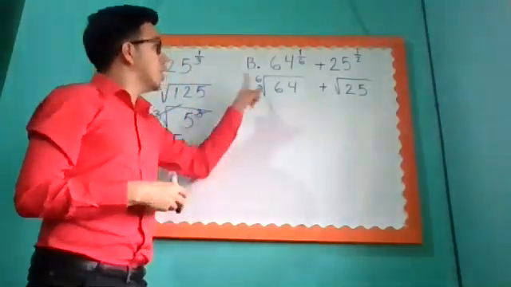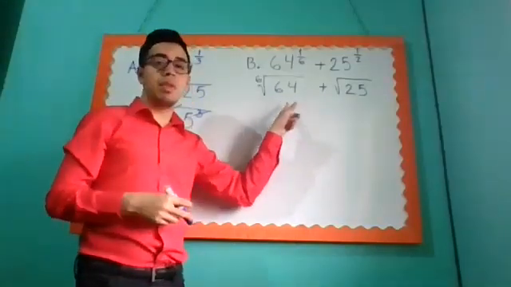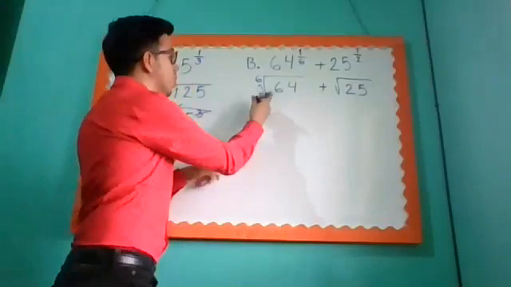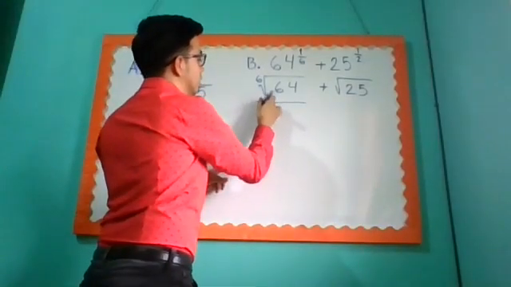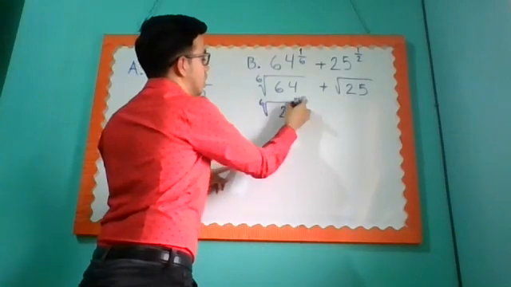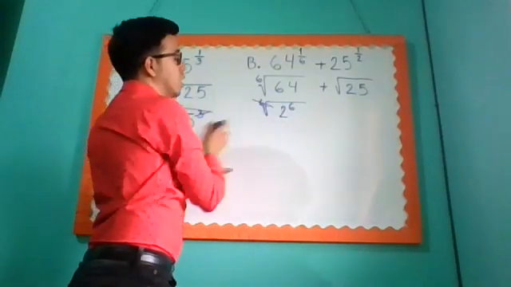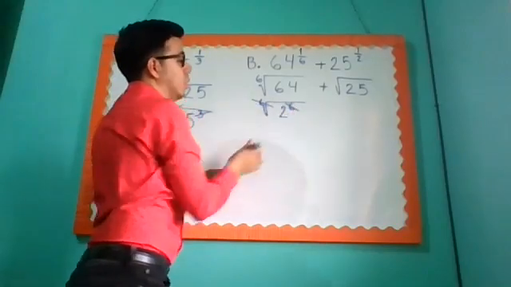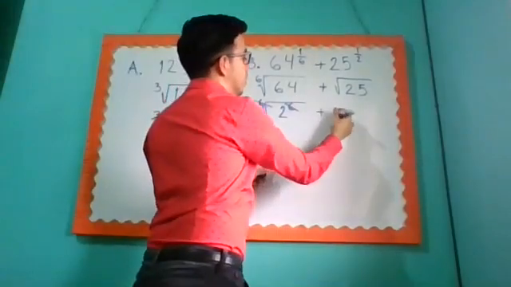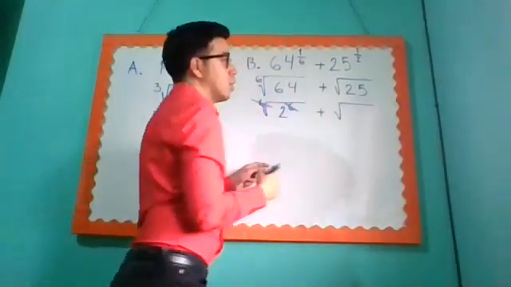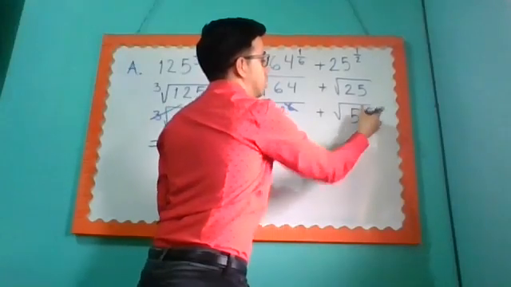So in this case, the number that multiplied 6 times is equal to 64 is 2. Inside the sixth root, we have 2 to the power of 6. We can take away the sixth root and the exponent, plus the square root of 5 to the power of 2.